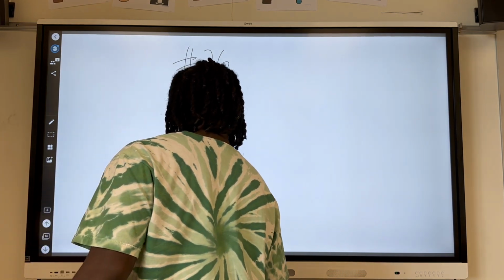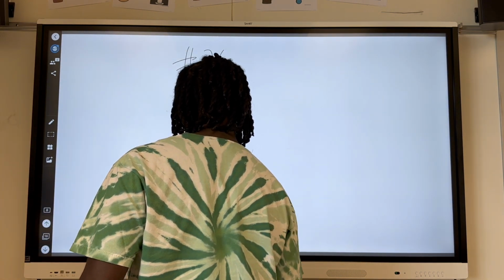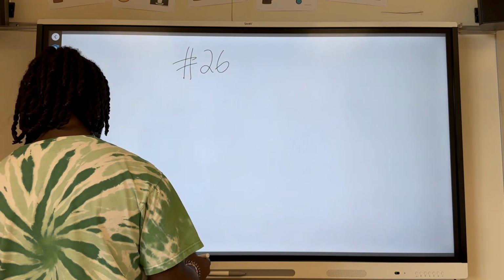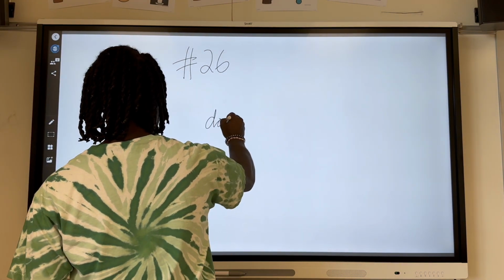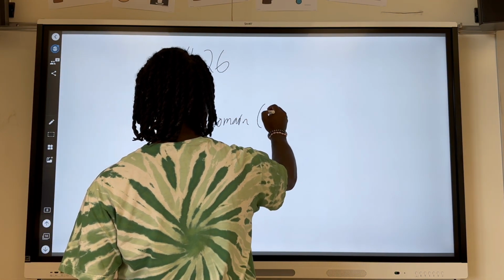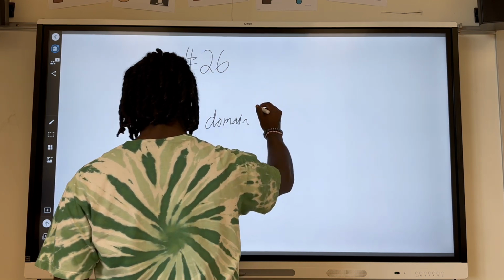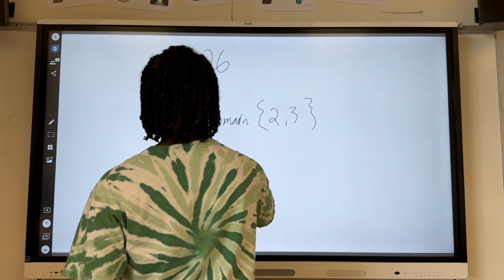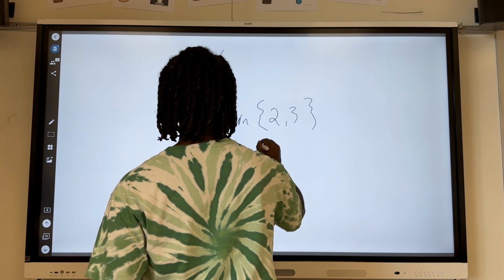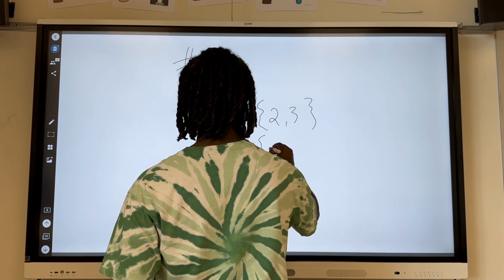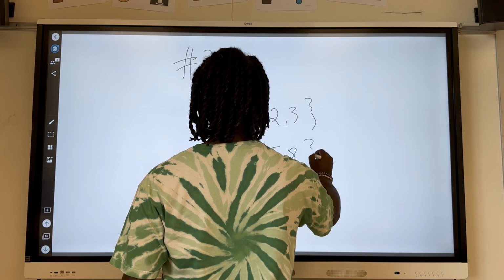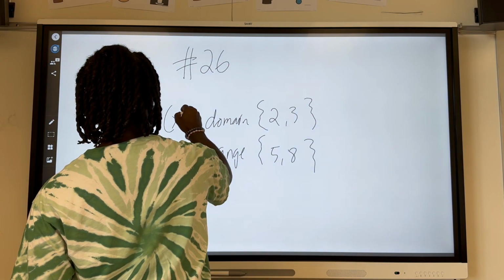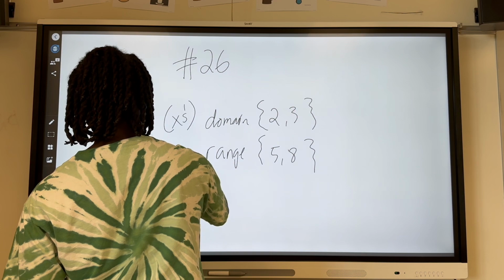Question 26. All right. For this one, it says which has a domain of 2 and 3, and then range of 5 and 8. Again, these are my x's. These are my y's.